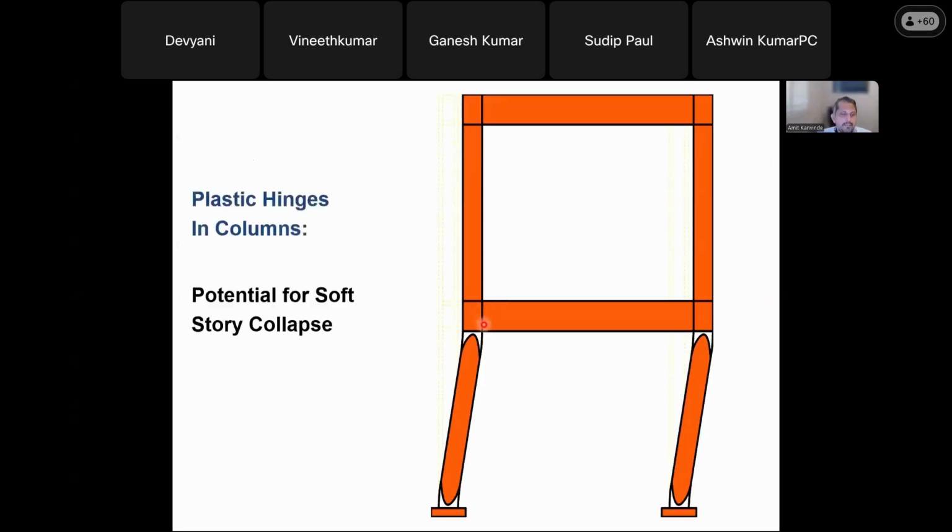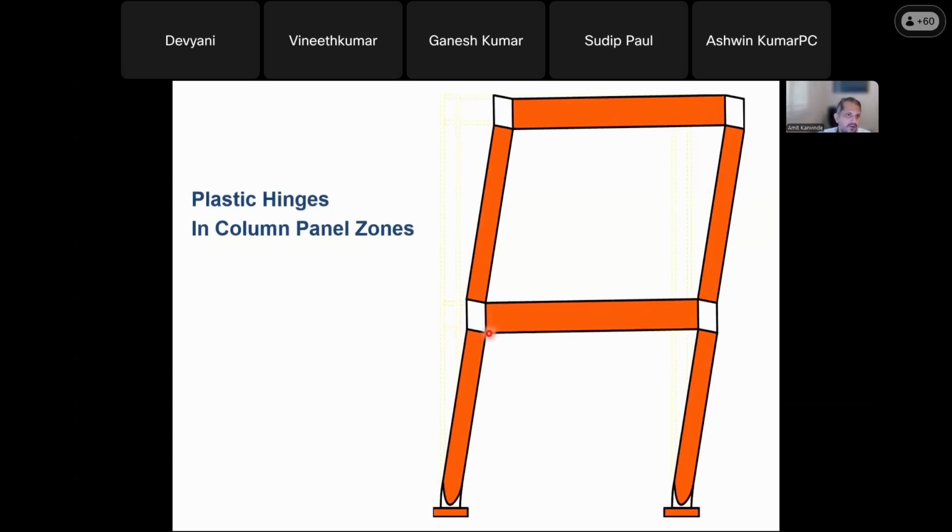Again, if you don't make the columns strong, or you don't make the beams the weak link, you'll find that you will start getting soft story collapse. Again, there's nothing quote unquote wrong with soft story collapse, other than the fact that you have to accommodate all the deformations of the structure only in a single story, which makes it very difficult. You also don't want failure in your panel zones, okay?